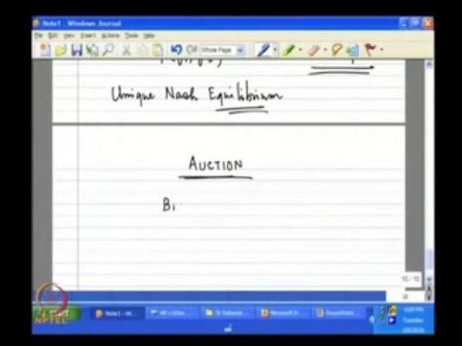The people who are wanting to have the object obviously will compete with each other and try to outdo each other by announcing higher and higher prices. This quotation of the prices are known as bids. So, we say bidders, people who are submitting bids are called bidders, they are quoting prices.